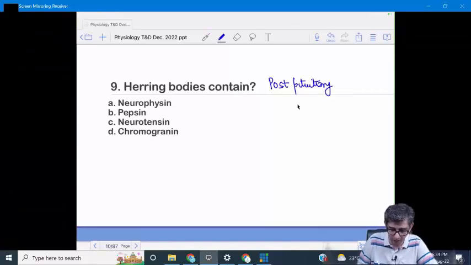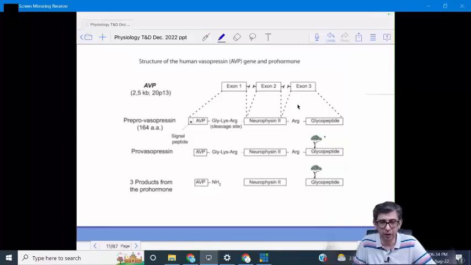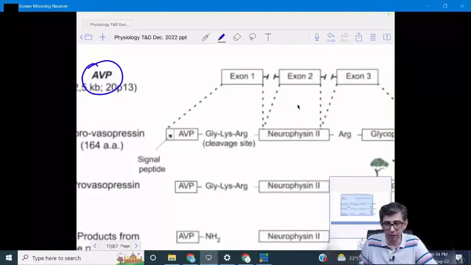Because when you read the data, you always read about a hormone by the name of AVP, which is also called vasopressin. And when AVP or vasopressin is getting formed, one of the components for this, which I'll zoom in, is neurophysin.